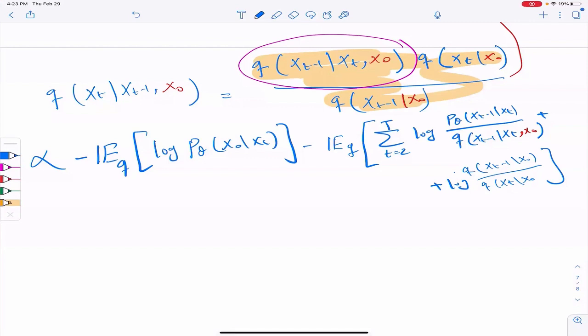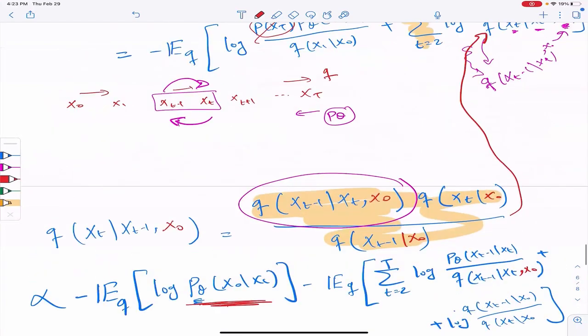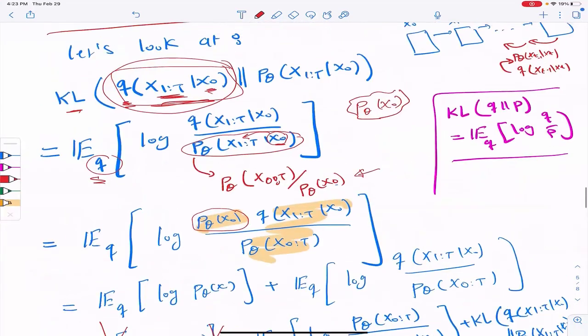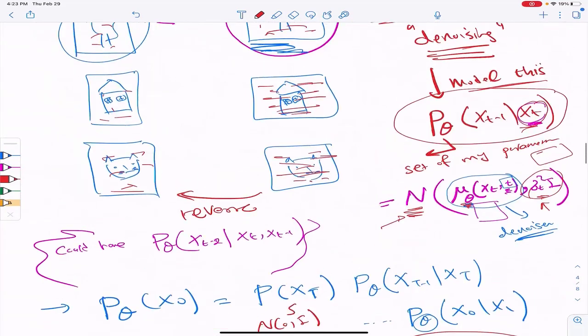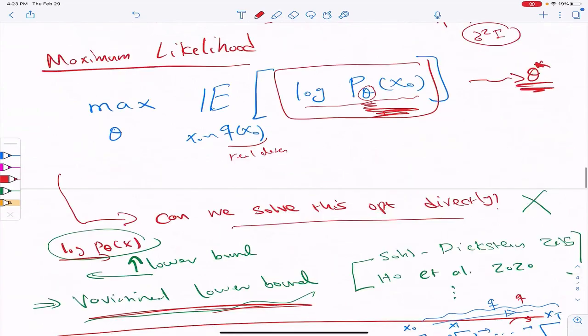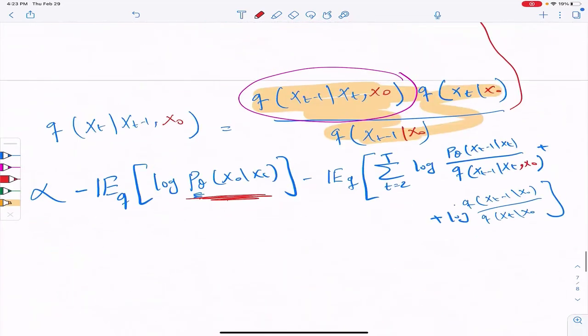Because p theta, remember, it is the distribution that gives me the distribution of one step back. It denoises a little bit. So I have a good understanding of this conditional distribution. I'll just remind you the definition of p theta, which is just this Gaussian distribution with a mean mu theta of xt and t with some variance. So the first term now is pretty much manageable.